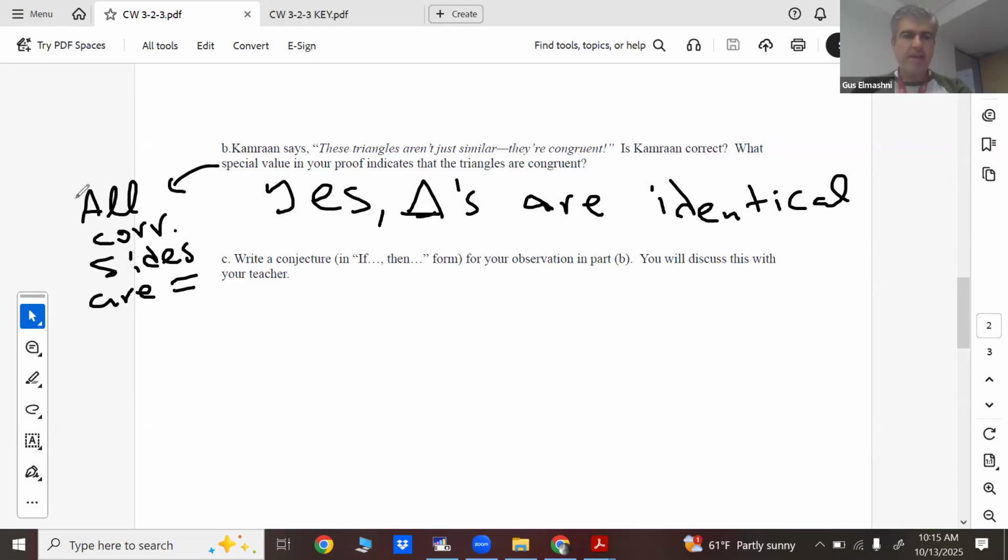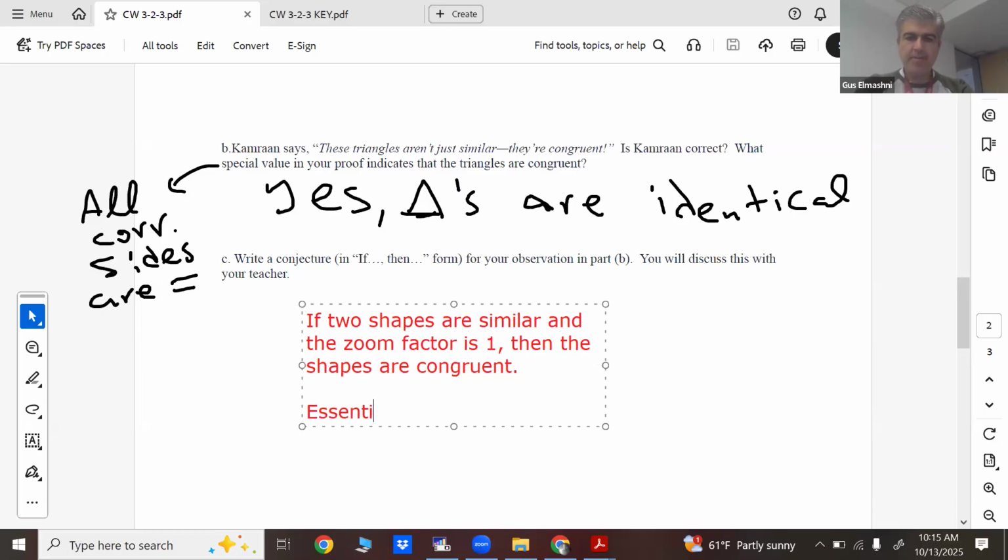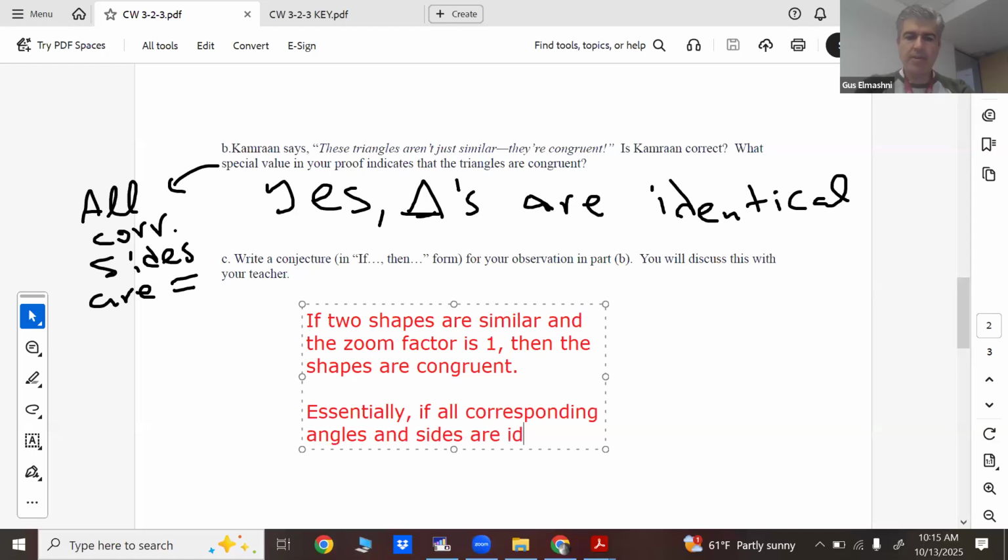So write a conjecture. We could say that if two shapes are similar and the zoom factor is 1, then the shapes are congruent. Essentially, if all corresponding angles and sides are identical, then the triangles are identical.